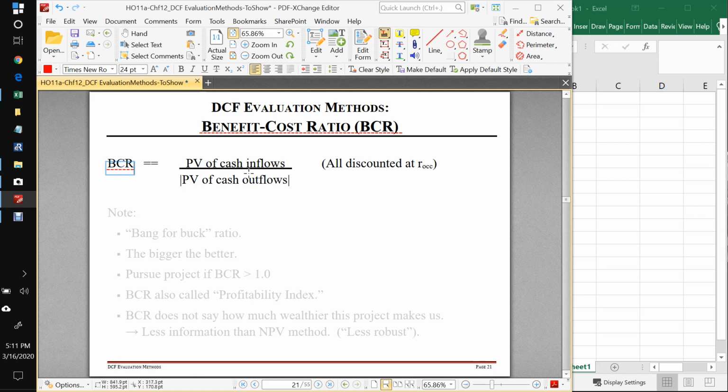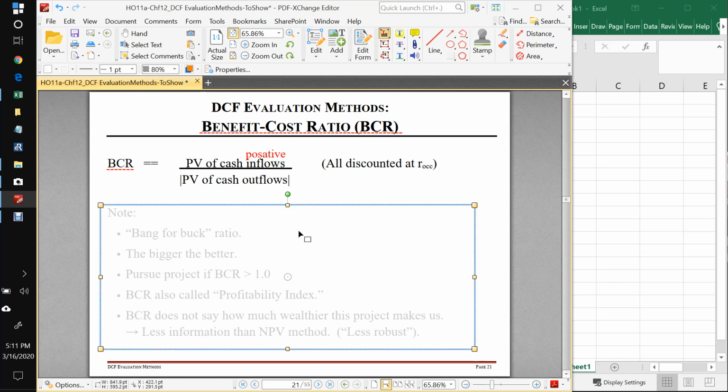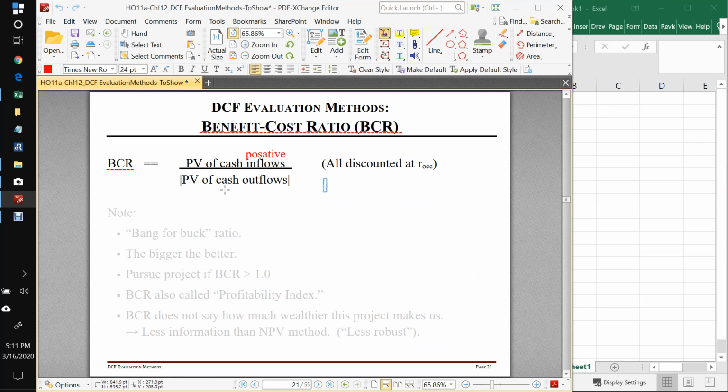a project's cash inflows. So these are going to be positive, right? These are our positive flows divided by the present value of the cash outflows, and the outflows are negative algebraically.